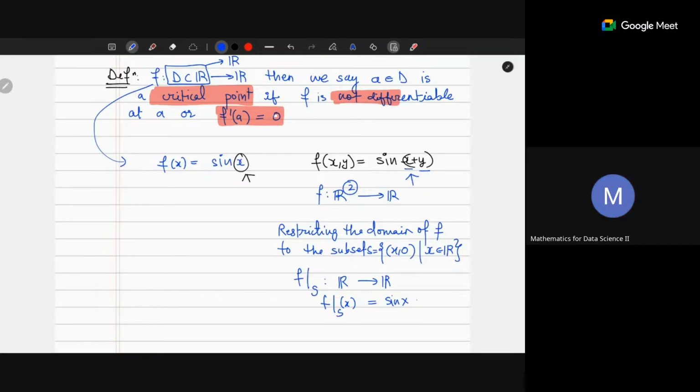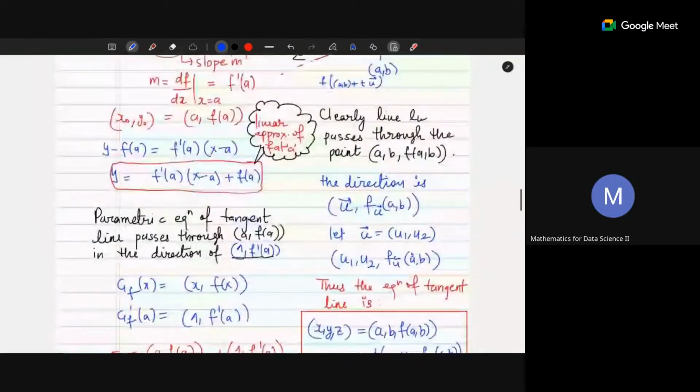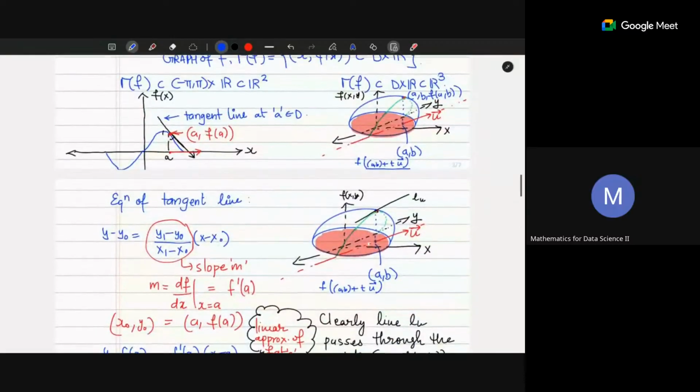So if I restrict my function to a particular subset, then it need not be a two variable function. That's what I'm saying. My restriction earlier was on one dimensional subspaces. For example, in this case, I was restricting my function to this line, which is a one dimensional space.